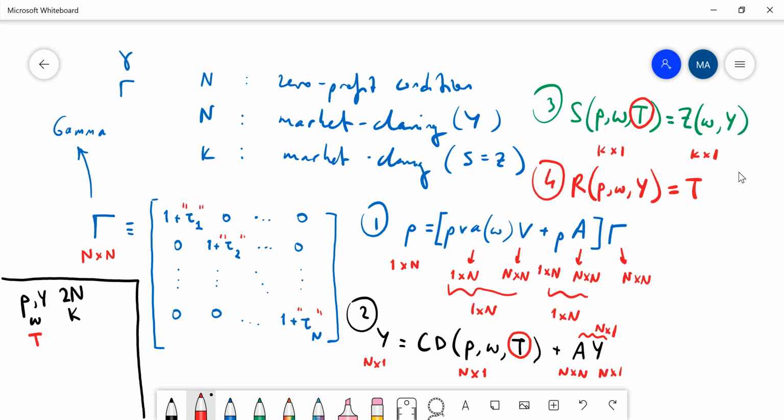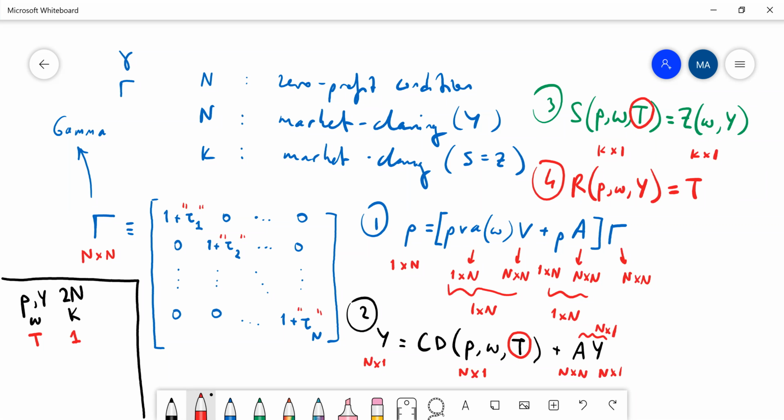There's this T, and this is just one new variable. Remember, this was the revenue. Revenue depends on product prices, factor prices, and how much output to produce. That revenue is going to be distributed as the transfer. So the transfer itself depends on other endogenous variables. So we have this one additional unknown and one additional equation.